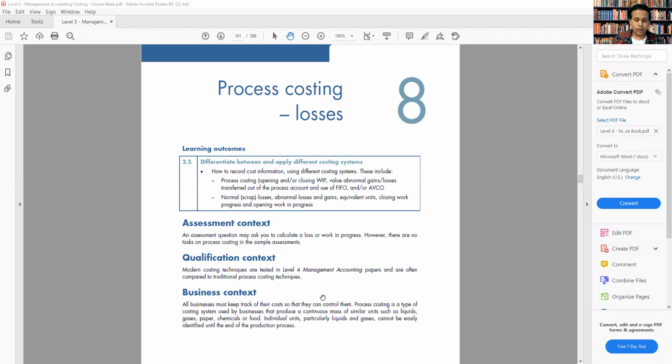Process costing is the costing method where we have to consider the unit cost that is not completed yet. So in the process, for example, let's say if we try to print a paper and the printing takes a little bit of a long time, you click on print and the system says please wait.